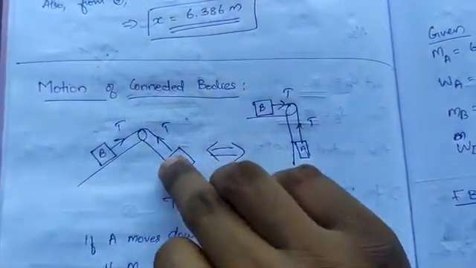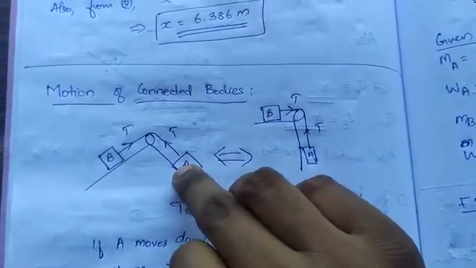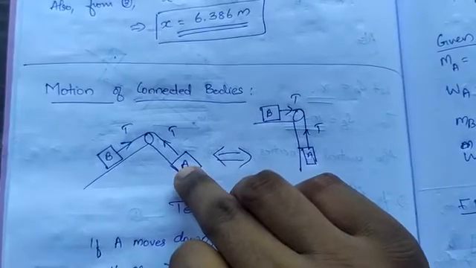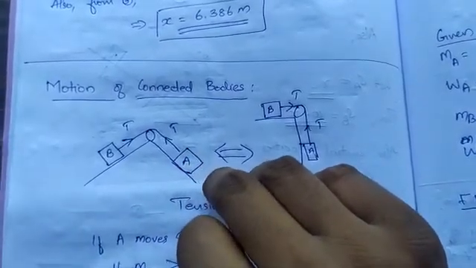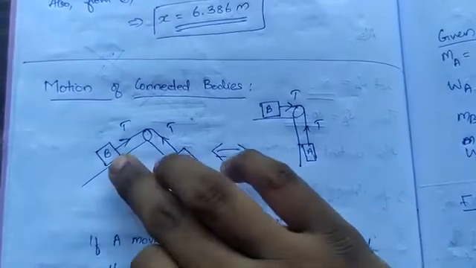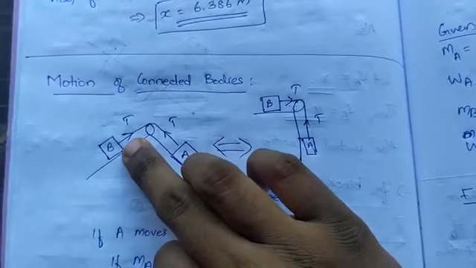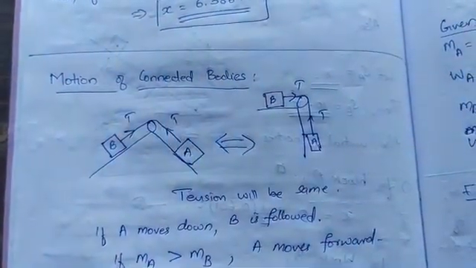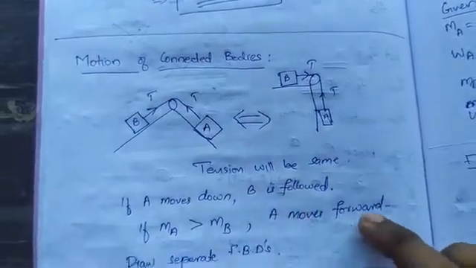If A has a higher weight, then practically A slides down to this side and B will follow, B will go up. So if the mass of A is greater than the mass of B, A moves forward.